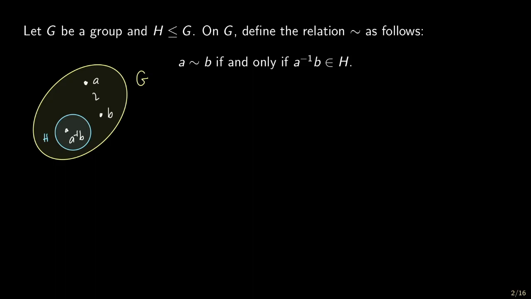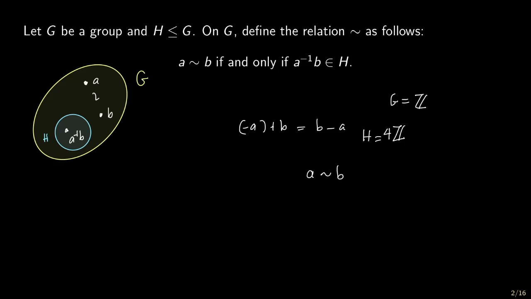So that is the relation. Now, to give you an idea, when our group is additive, how does this translate? It translates to minus A plus B, or simply B minus A. For a while, let's consider the group Z of integers, and let's consider the subgroup 4Z as your H. Do you remember the relationship?